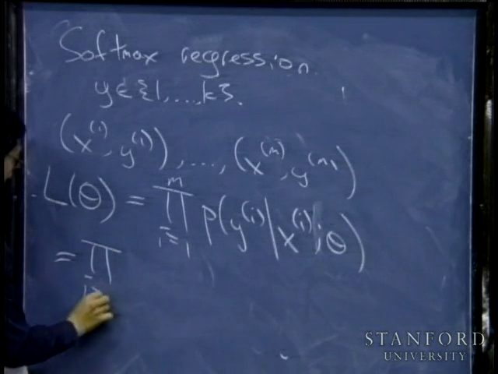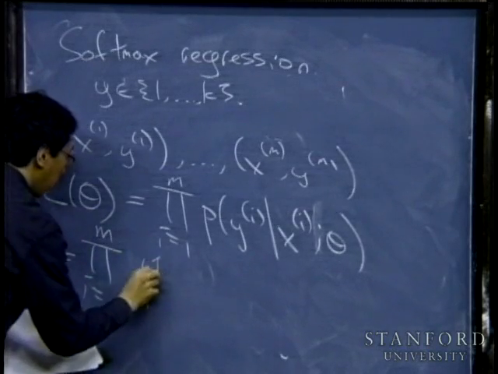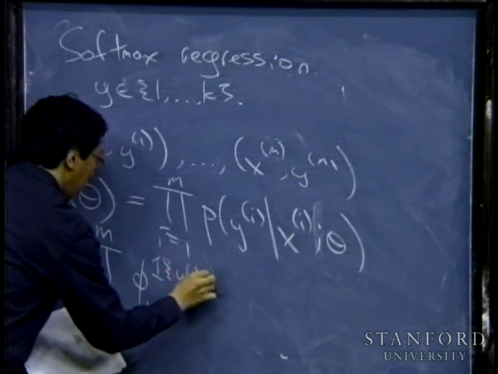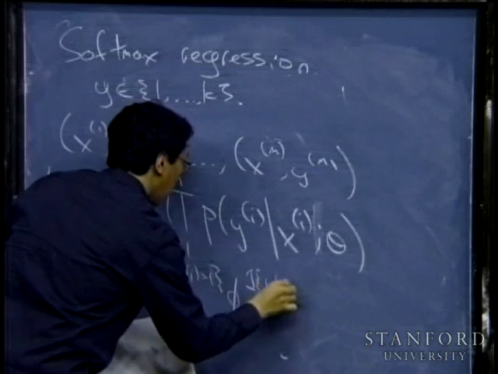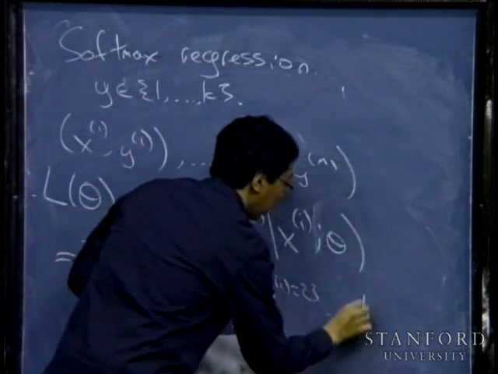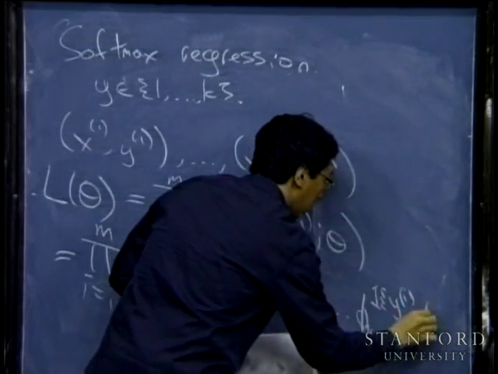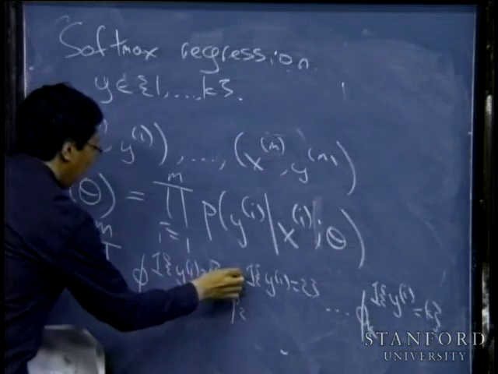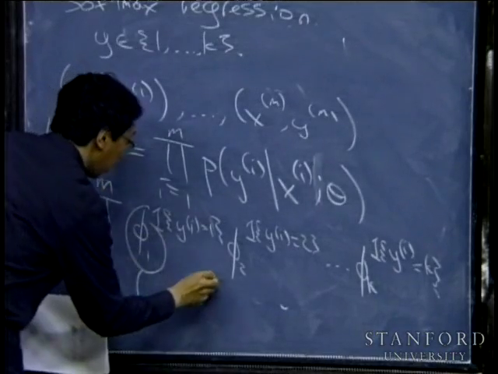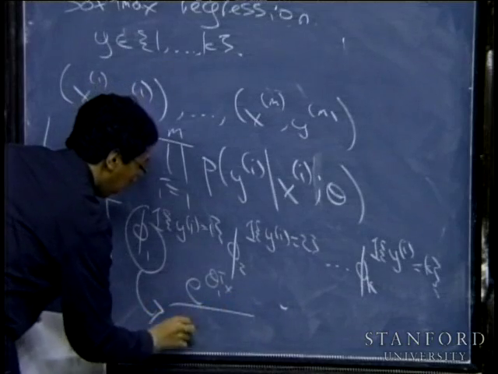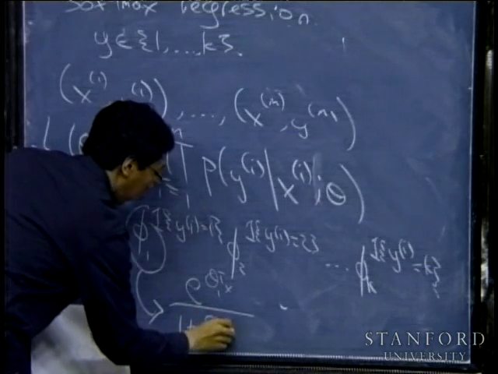And that's the product over your training set of phi 1 to the indicator yi equals 1, times phi 2 to the indicator yi equals 2, dot dot dot, up to phi k to the indicator yi equals k, where, for example, phi 1 depends on theta through this formula, e to the theta 1 transpose x over 1 plus the sum over j, well, that formula I had just now.